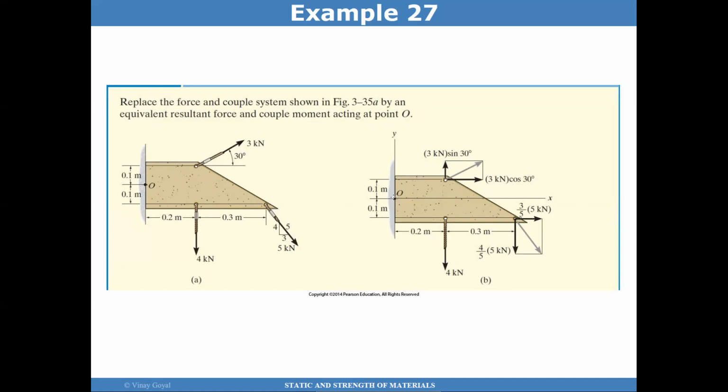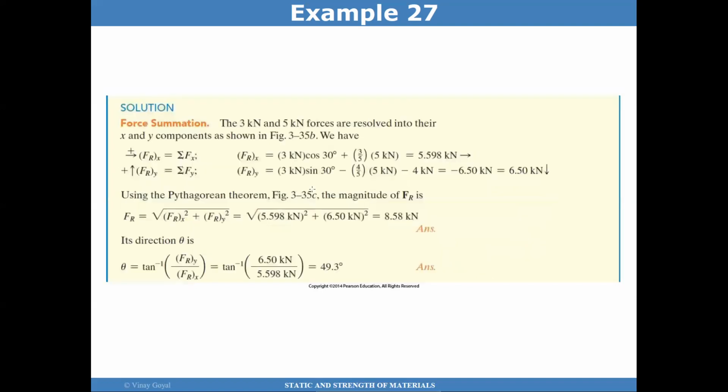To do this, we realize that in this case, all the forces can be added. That's one approach to solve the problem. So we sum all the forces in the x direction, all the forces in the y direction, and so we get the magnitude of the resultant force in the x direction and y direction.